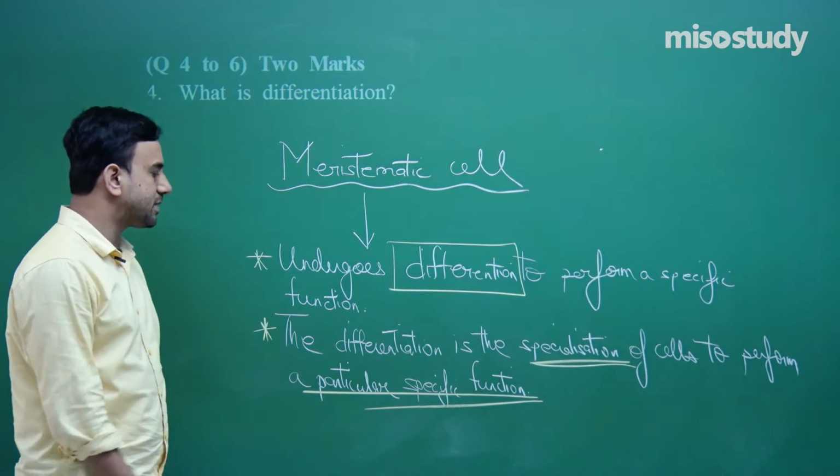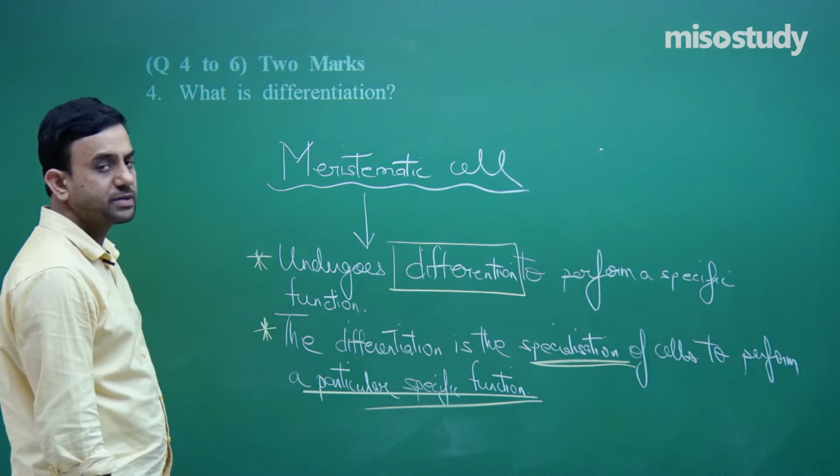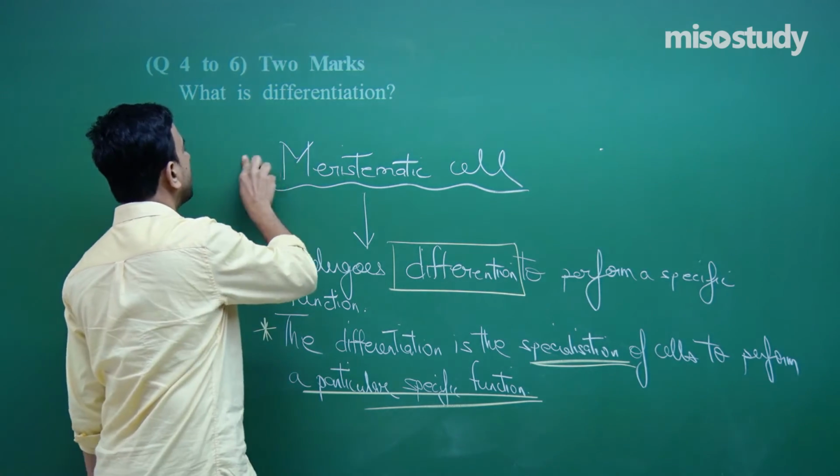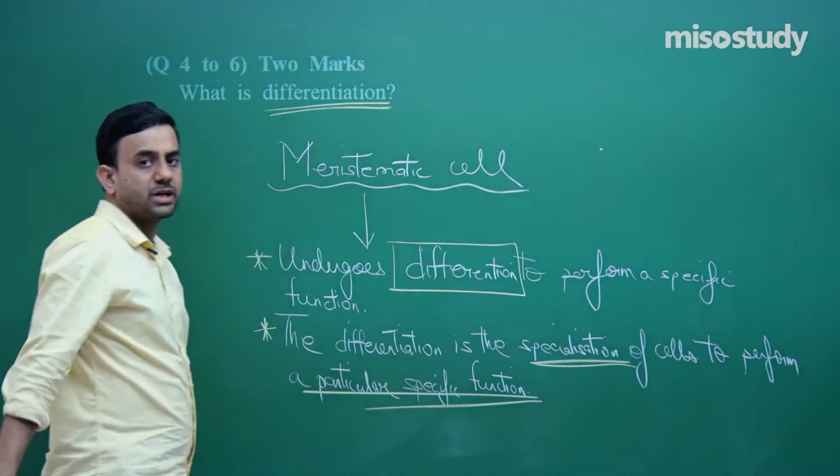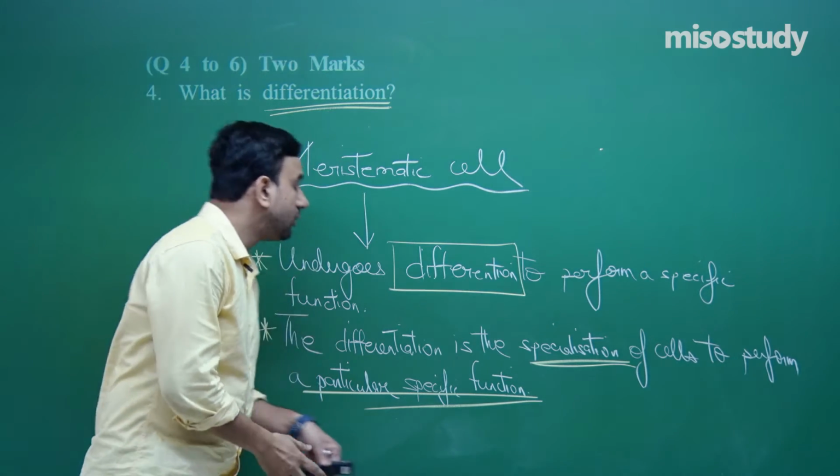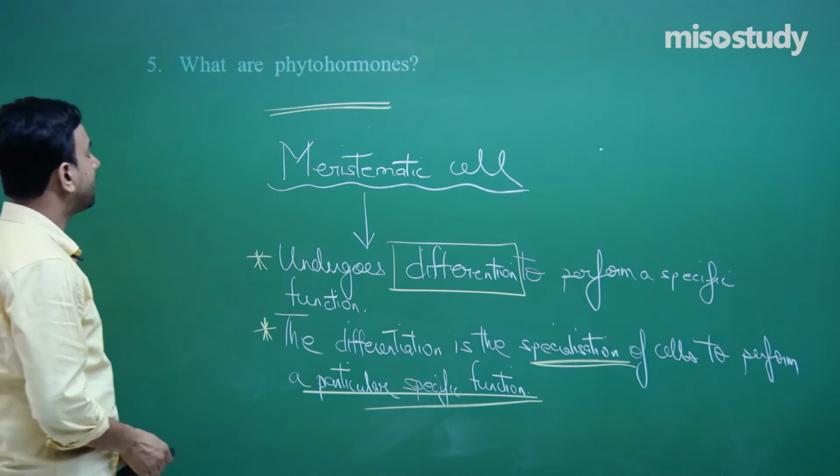So, differentiation is a specialization of cells to perform a particular specific function, and this is what we mean by differentiation. We move on to the next question, what are phytohormones?